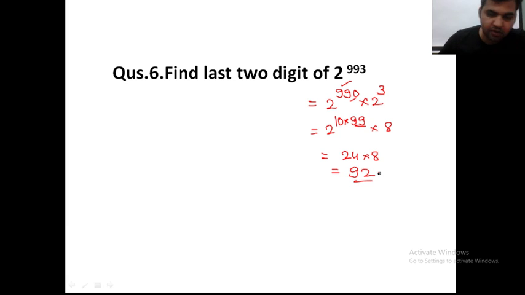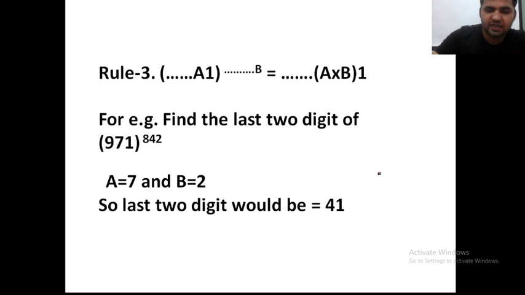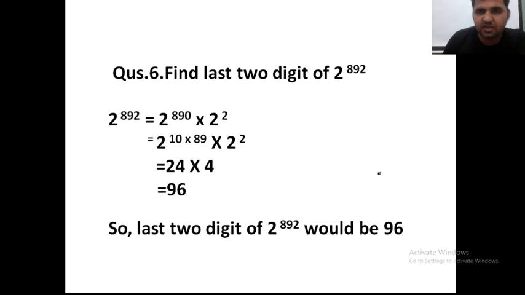So now that you have got these concepts clear, this is the explanation of some previous question: the last two digits of 2 power 892. Now 2 power 892 can be written as 2 power 890 into 2 power 2. Now this is 10 into 89.